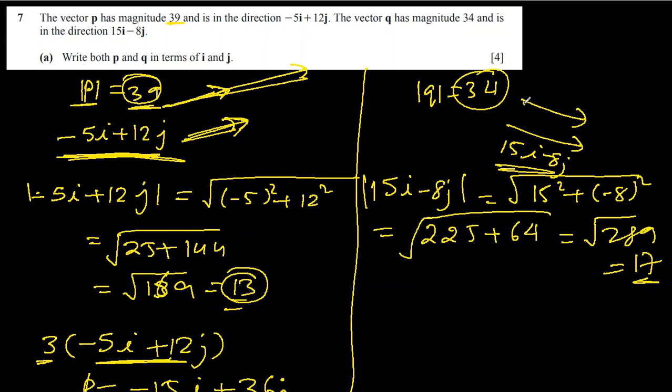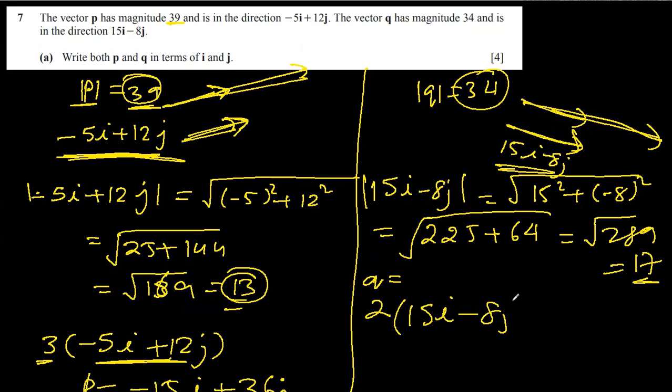That means this vector is twice the length of the given vector 15i minus 8j. So our vector q will be 2 times 15i minus 8j, which is 30i minus 16j.